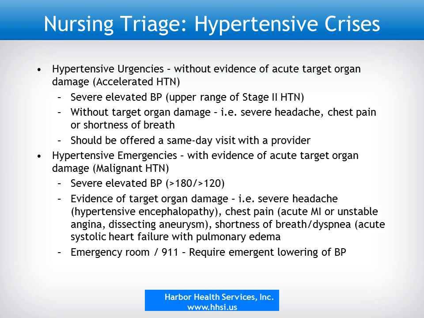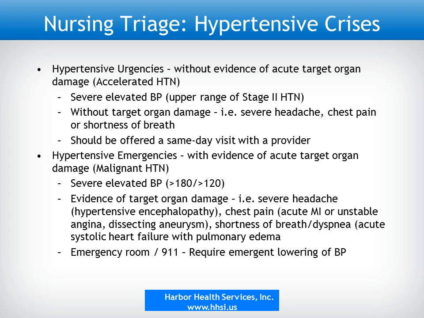So let's just talk about triaging some hypertensive crises that I'm sure will come up on the phones. So there's hypertensive urgencies. So patient calls in, my blood pressure's 160 over 100 over the last couple of days, but I feel okay.